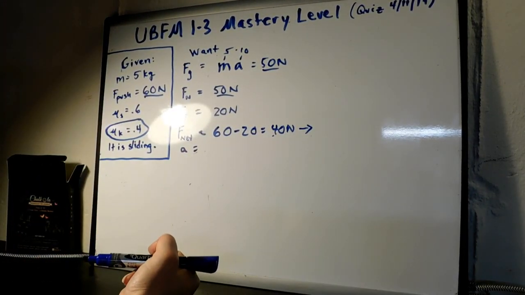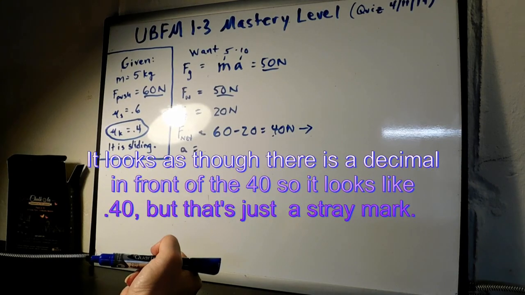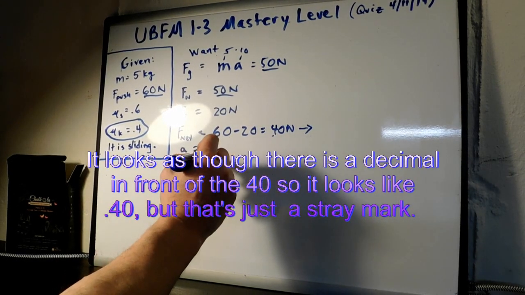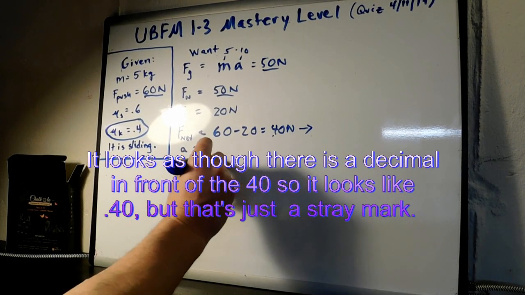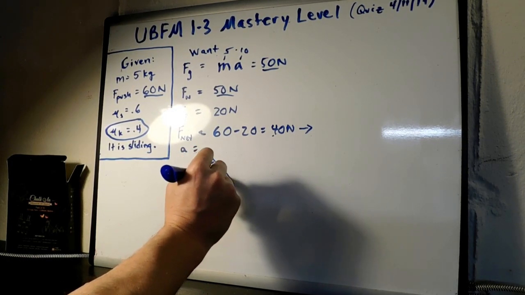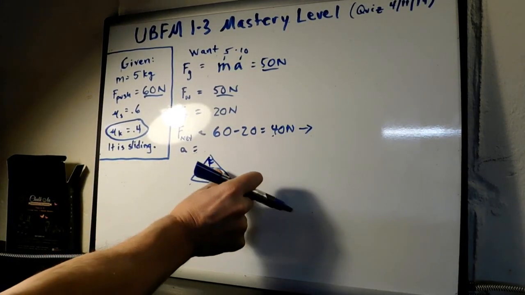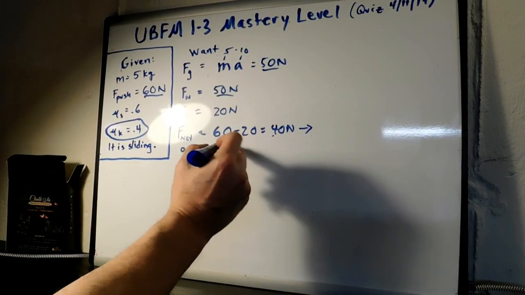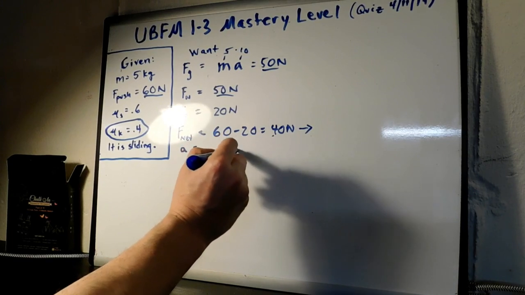Now we're set to find our acceleration. Let's draw our triangle again, F equals ma. If we cover up a, we find that a equals F divided by m.